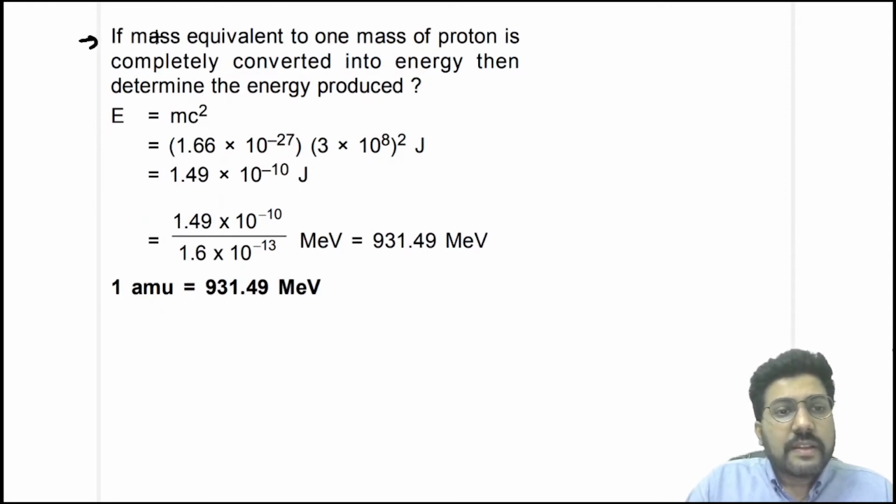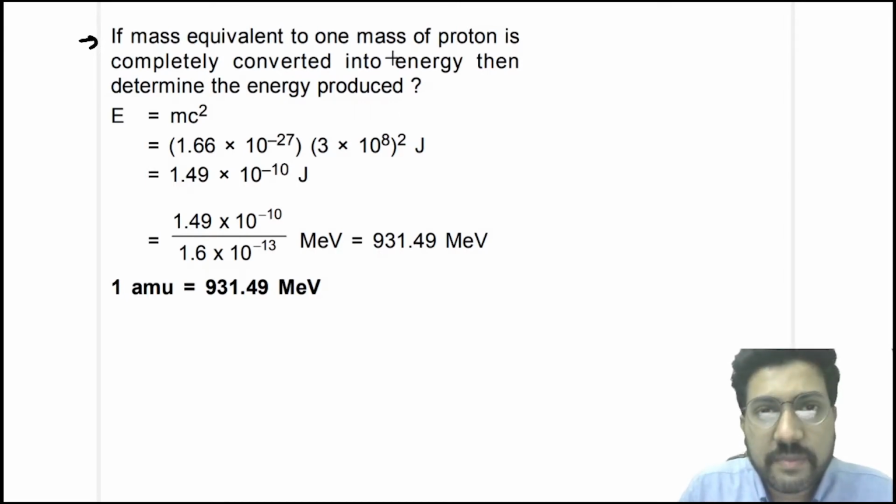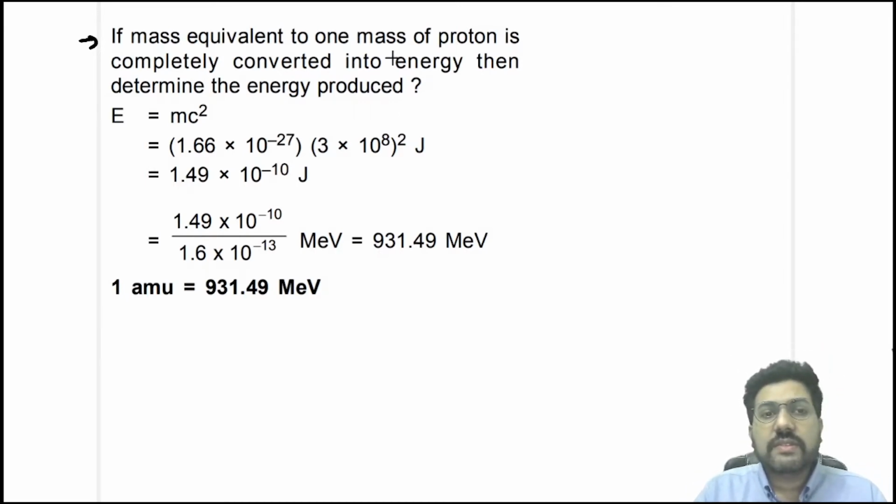Now, if the mass equivalent to the mass of a proton is completely converted into energy, then determine the energy produced. You know that mass and energy are interconvertible according to the relation E is equal to mc square. What they are asking in this question is, if the mass of the proton is completely converted into energy, what is the energy produced?